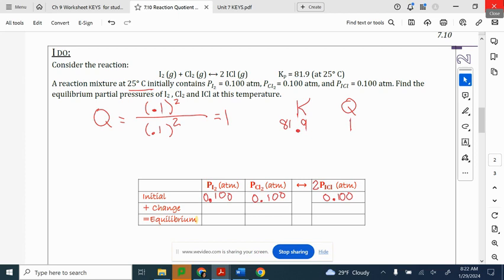Then we're going to figure out which one is greater. K. So we're going to put our greater than sign in, and then we're going to add a tail. That tail is going to tell us with the arrow which way this reaction is going to run. So it is going to form more of this material.